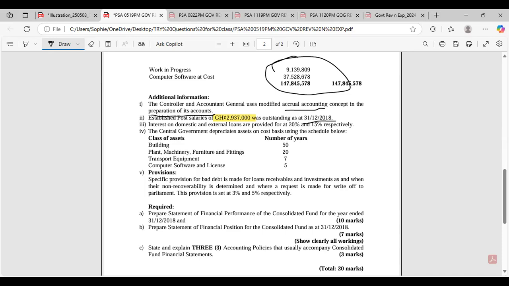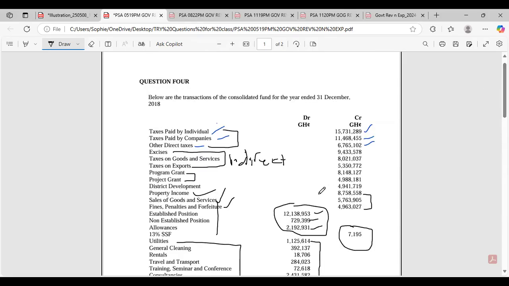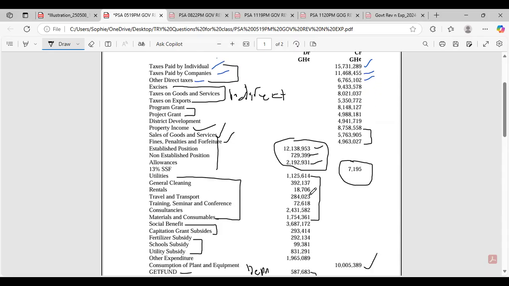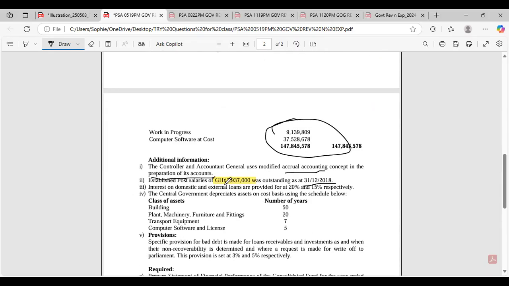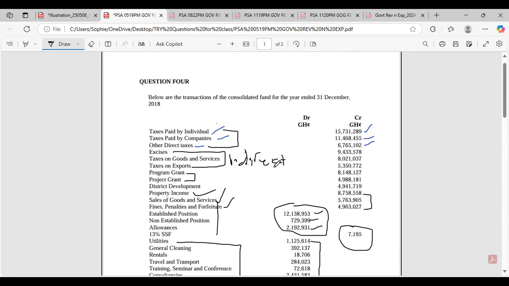Then we will add this figure, established post salaries of this amount that was outstanding. If it's outstanding, add it to the current year because we are doing accrual. So we will come to established post and add that figure in the statement of financial performance.